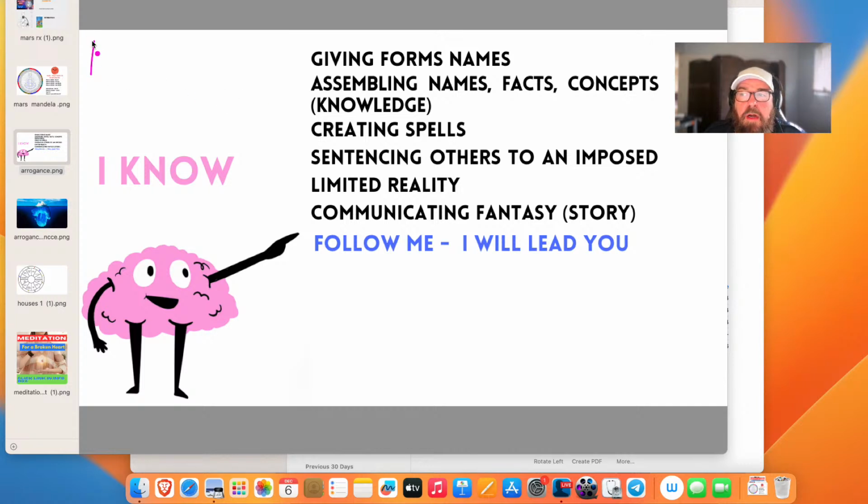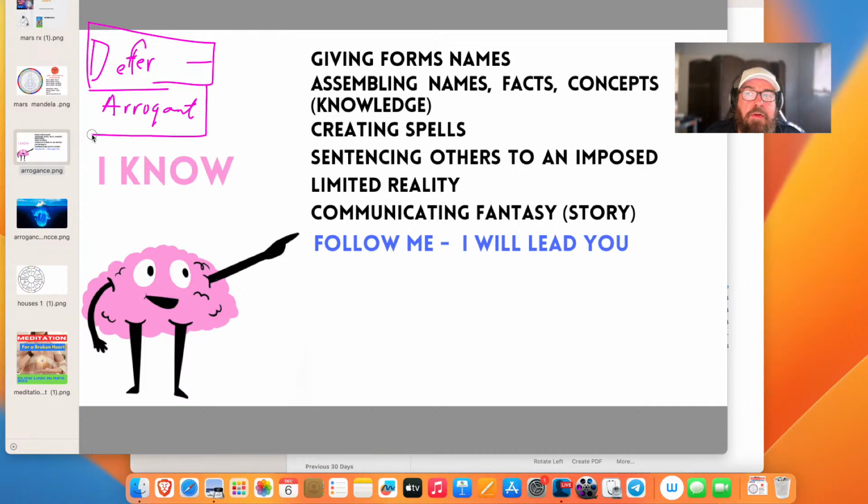And how you work is, okay, there's arrogance, but there's also defer. So this is giving your power away. This is the shadow of arrogance. It's the shadow of this 31, right? So you can either defer or be arrogant yourself, right? Now, remember with shadow work that it's a lot easier to see the shadow in other people than yourself, right?